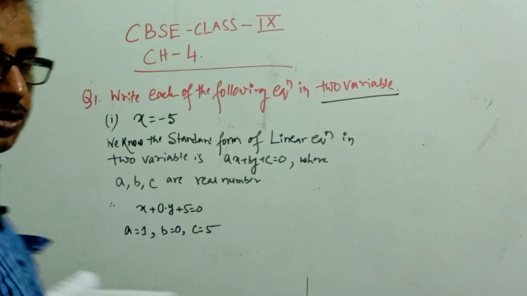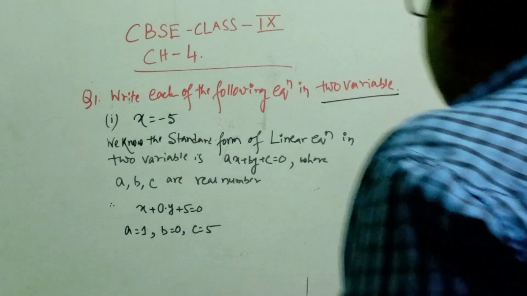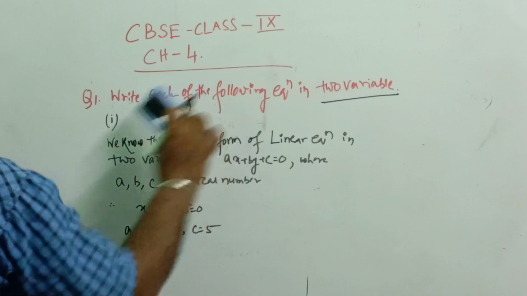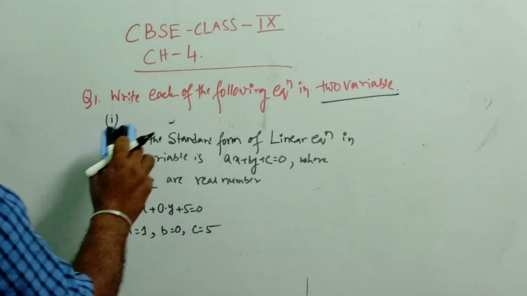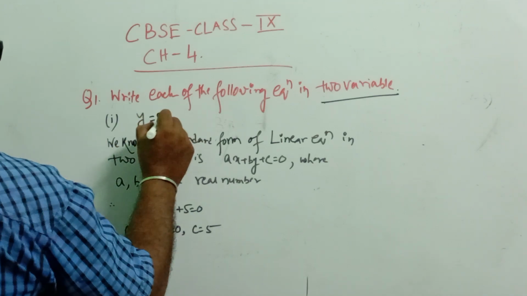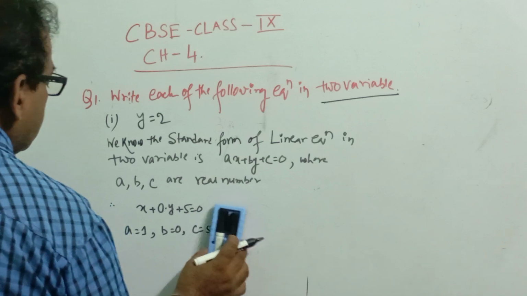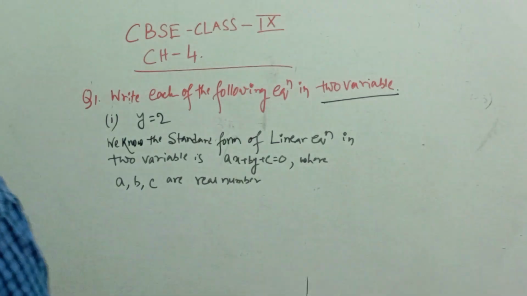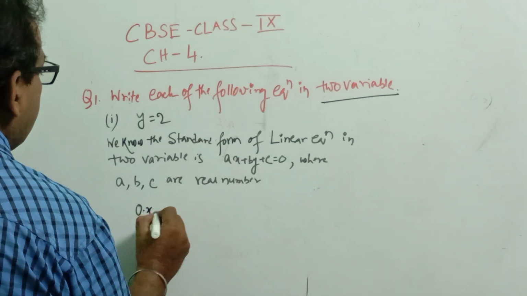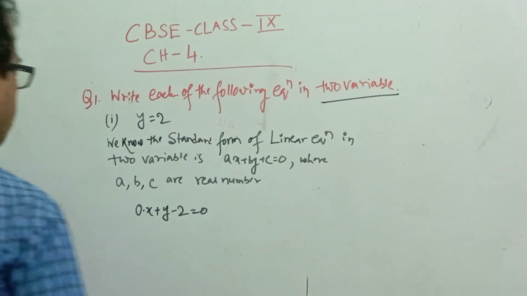Now second question they have given, y is equal to 2. All these things are written over there. Now the answer will be, x part is not there, that is 0 into x plus y minus 2 is equal to 0.